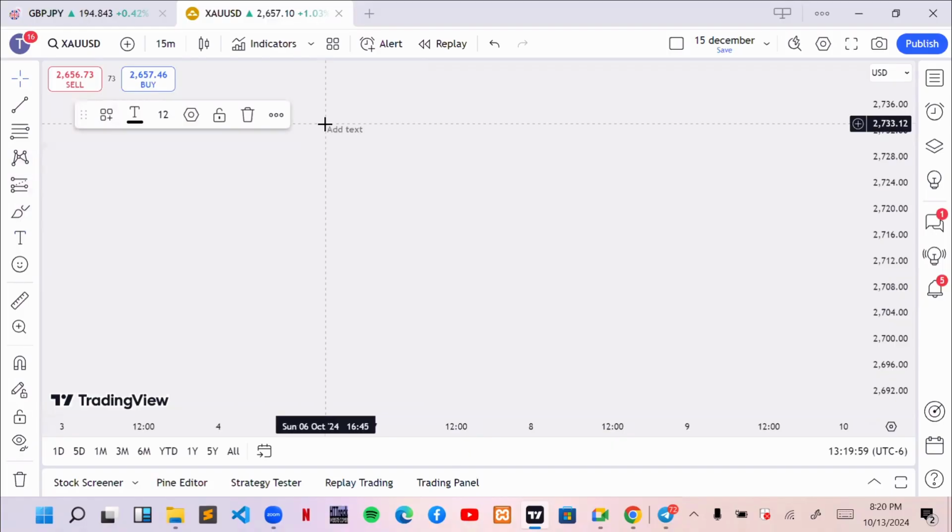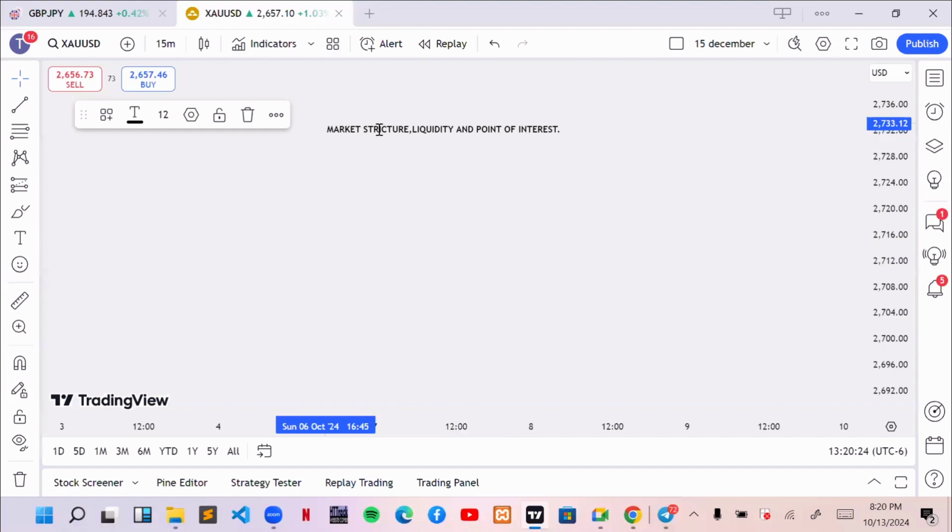So as we all know, this strategy is made up of market structure, liquidity, and point of interest.